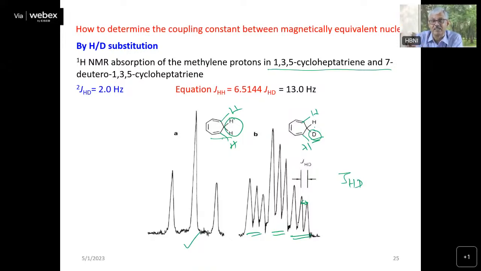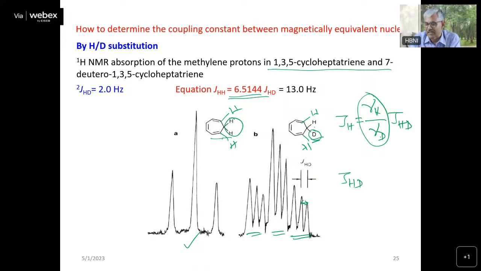Now you can convert the JHD into JHH by multiplying it with the relative gyromagnetic ratio of proton to deuterium. So JHH is equal to gamma H by gamma deuterium times JHD, and the ratio is 6.514, about 6 times.